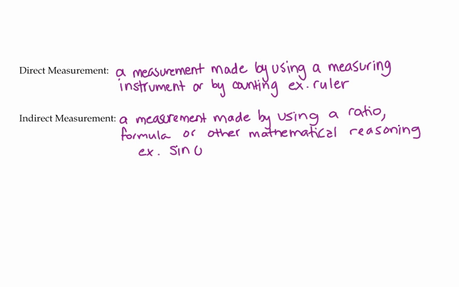Or a ratio, yeah. So sine, cos, and tan are when we're finding an angle or a side indirectly, with the given direct measurements, that would be an indirect measurement, or whatever we're solving for is the indirect. Yeah, using the diameter and pi to find the circumference.